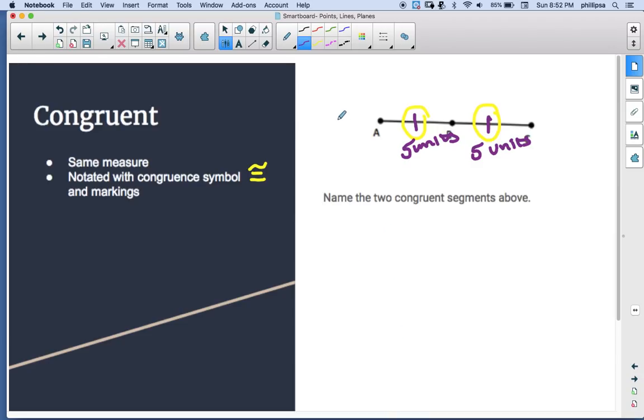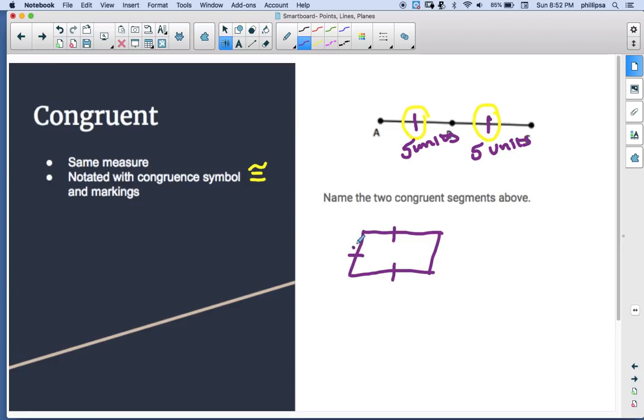Okay. Another place that you could see congruence is on a diagram. So I could give you something that looks like a plane, let's say a parallelogram, and if I told you that this was congruent to this, you know that these two sides are the same measure. But let's say I have another pair of sides that are also congruent.